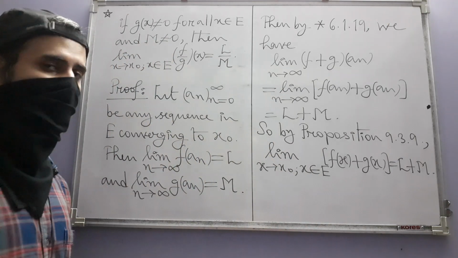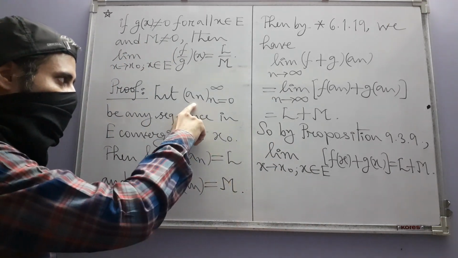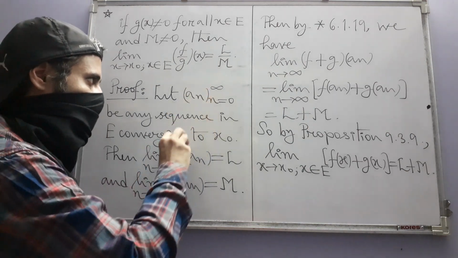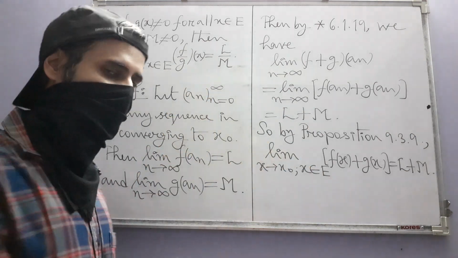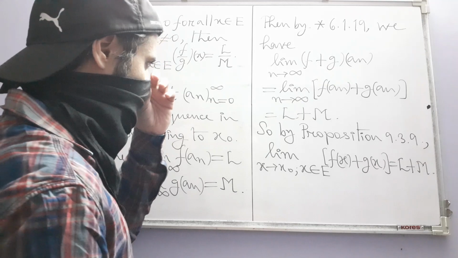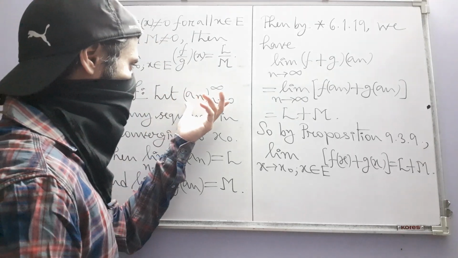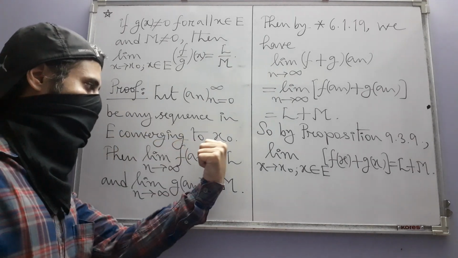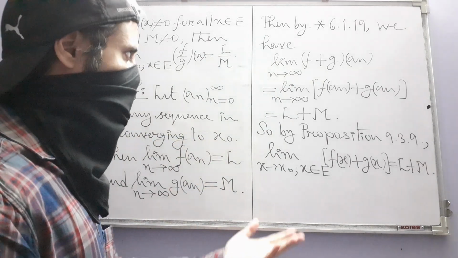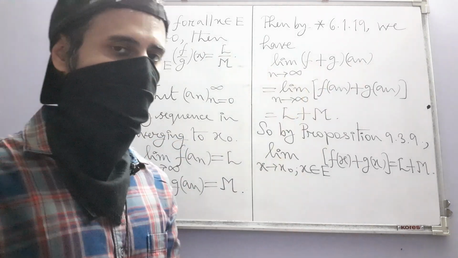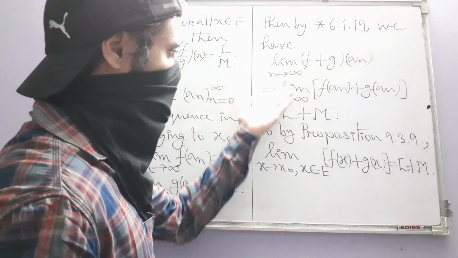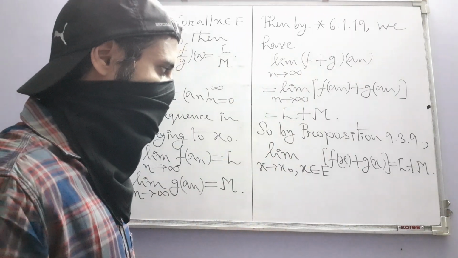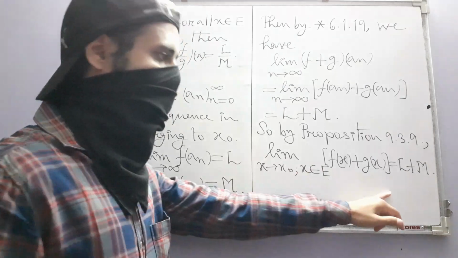That is not the case here. Here it's not enough to consider one such sequence. Here we want to consider any sequence in E converging to x naught, and we want to show that the functional values also create a sequence that converges to L plus M, and then only we can conclude this.